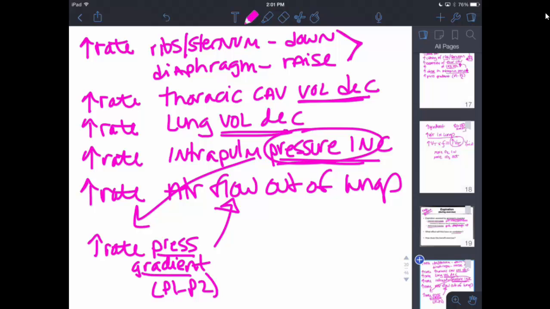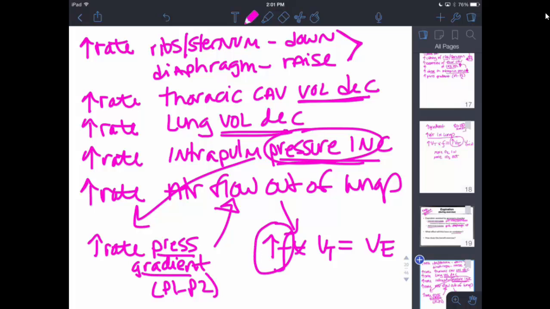And if air can flow out faster, you can take your next inspiration sooner. Okay, so basically what this does is it increases breathing frequency. And remember, breathing frequency is a component of ventilation rate.